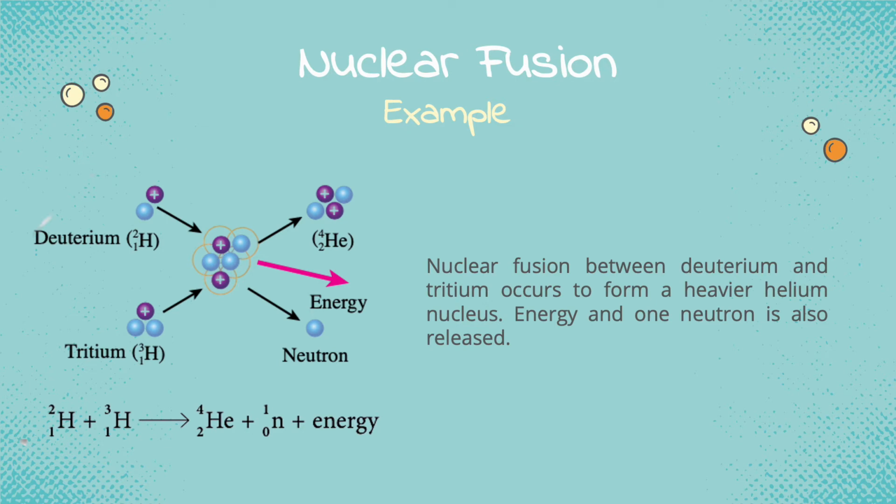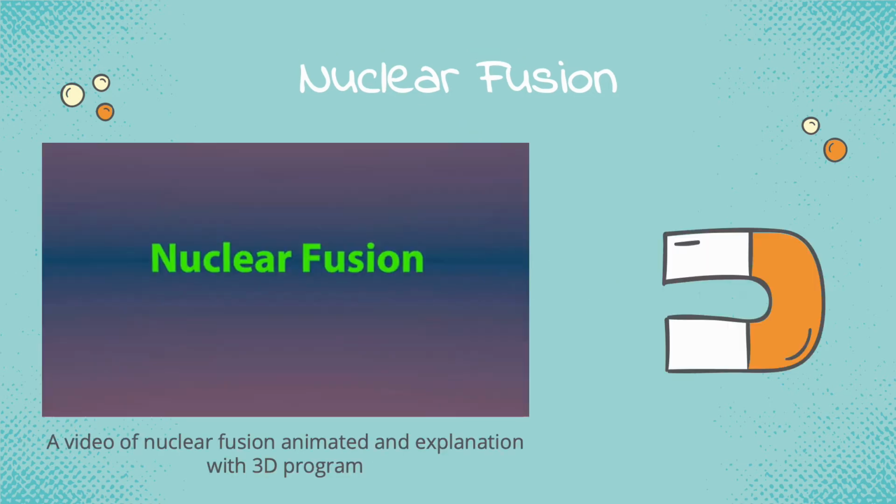So, there is a difference between nuclear fission and nuclear fusion, right? Let's watch a video that I have prepared for you. This video is about nuclear fusion animated with 3D program. Let's enjoy the video.